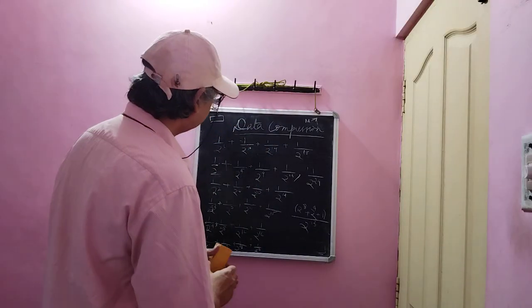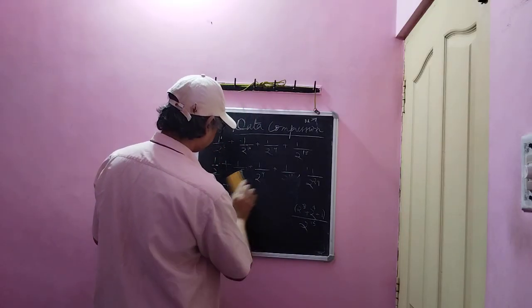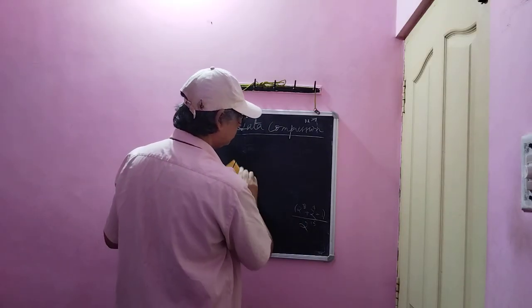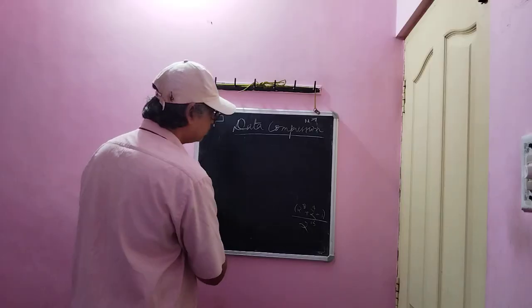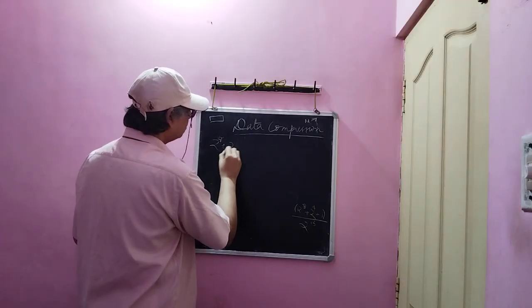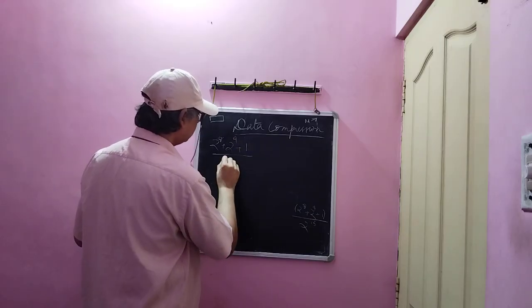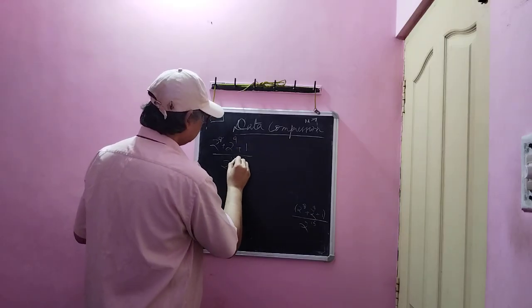So basically, the first weight will be, all of them will have the same numerator, 2 power 8 plus 2 power 4 plus 1 by 2 power 13.